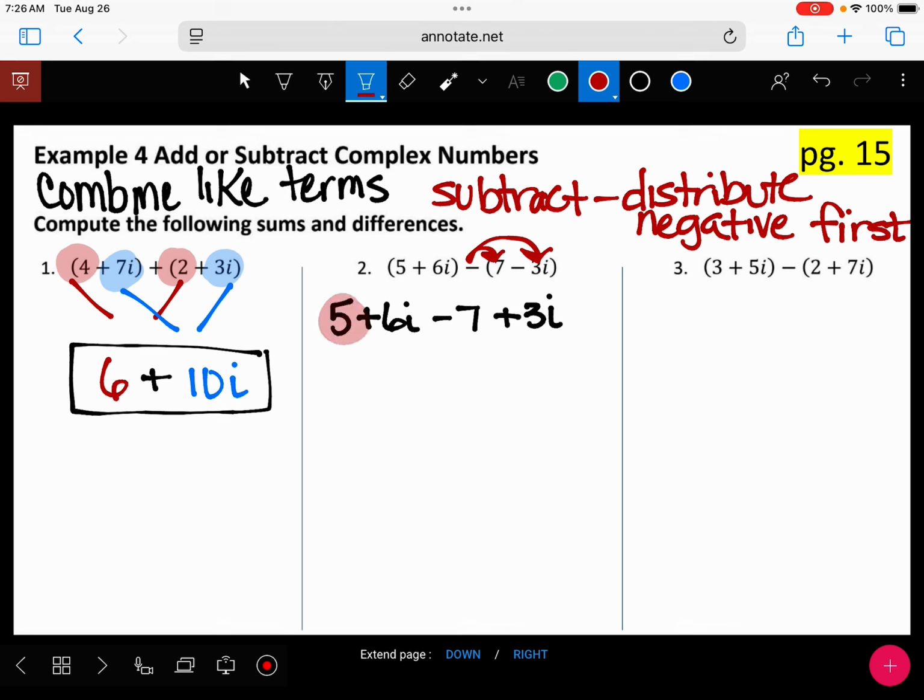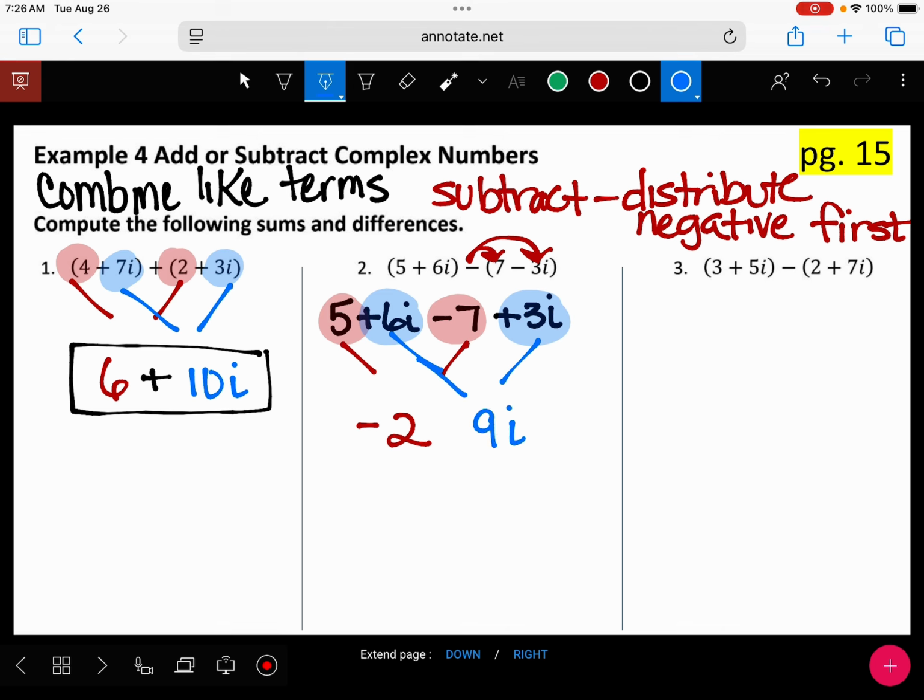I have 5 and -7. Go ahead, add those together. What is 5 plus -7? -2. And then we're going to add our imaginaries, 6i and 3i. 6 plus 3 is 9i. And that's a +9i. So I'm going to put a plus sign in the middle. And that would be my answer.